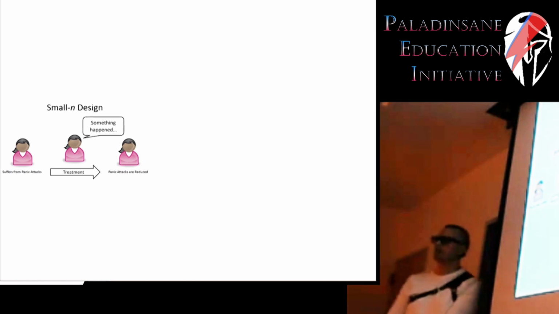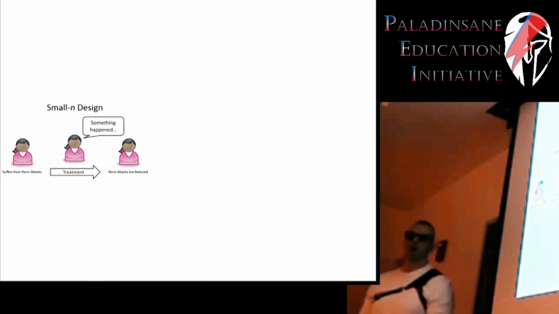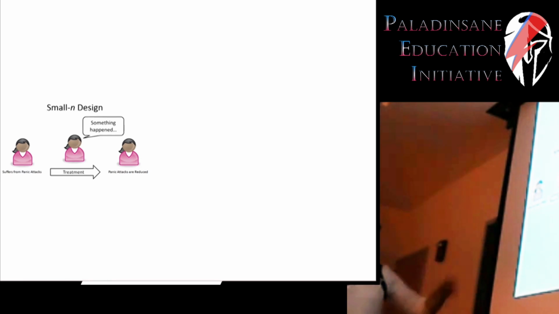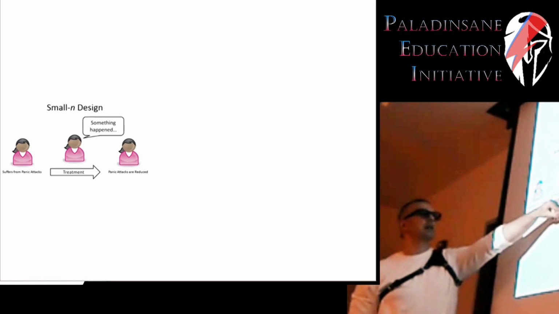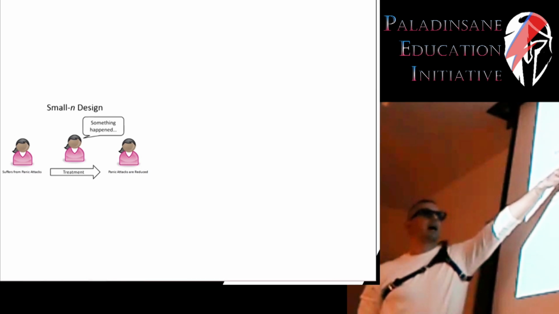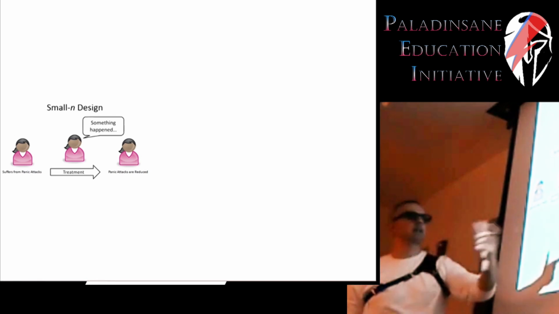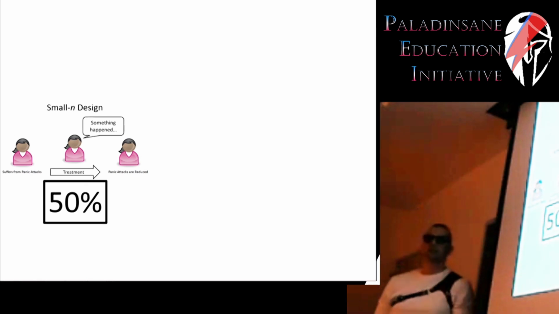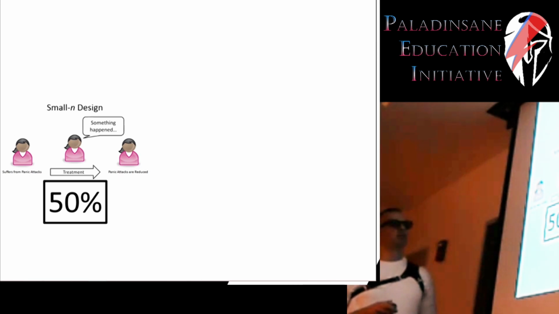And it just comes down to mathematics. It just comes down to probabilities. So let's just, for argument's sake, say that the probability that something else happened, and that is what caused the reduction in panic attacks, is 50%. Right? There's a 50% chance that it was your treatment.